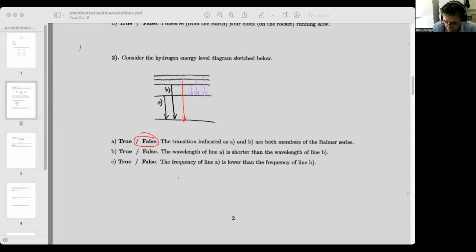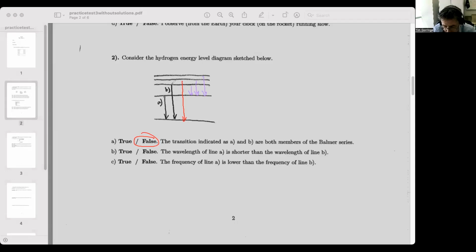The next questions have to do with the photons, or the light, that's emitted in these two transitions. A is a smaller energy jump from the first excited state to the ground state.